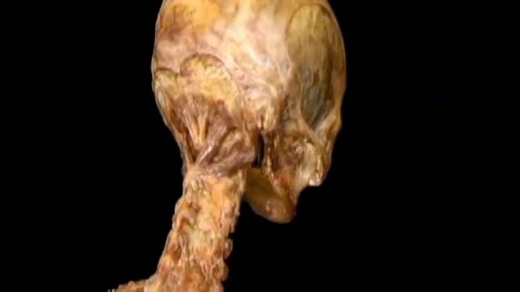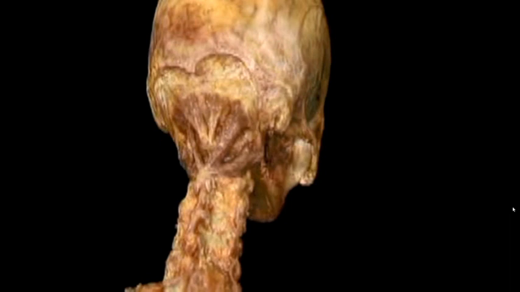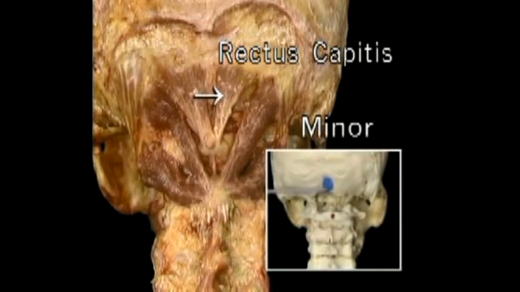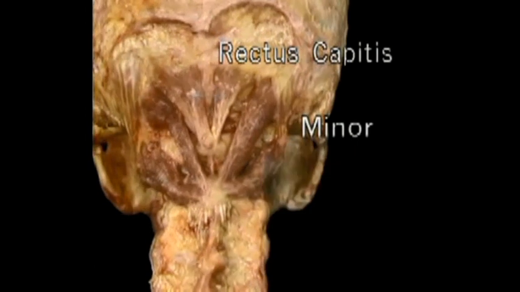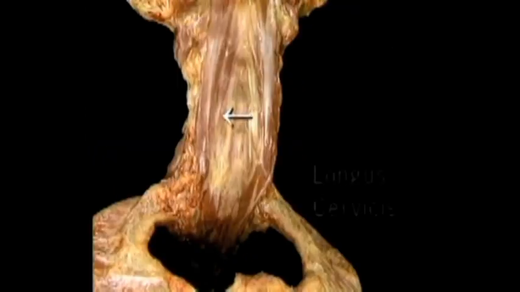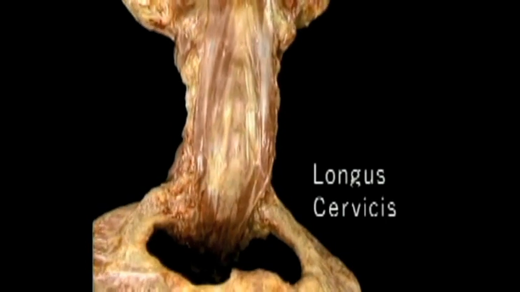If you see the video of the neck, you will see how the suboccipital muscles are affected by the jaw position.